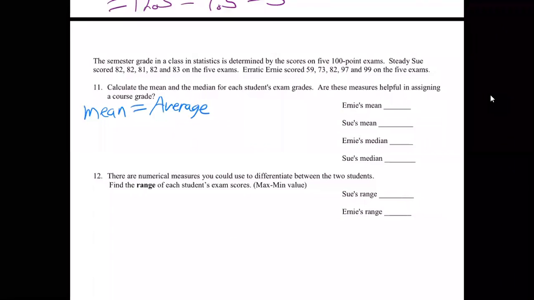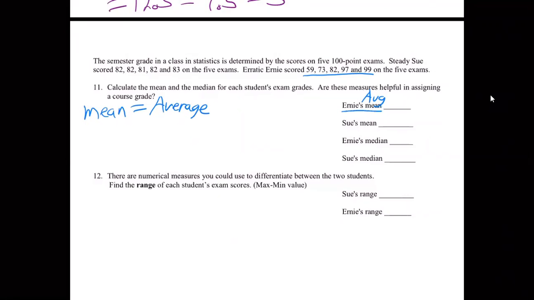So do you guys know how to find the average? So Ernie's mean doesn't mean, it just means Ernie's average. Here's Ernie's scores, right? Erratic Ernie, he's low and high. How do we find Ernie's average score? We're just going to add those up and divide by 5.